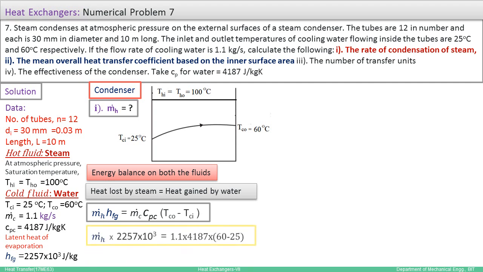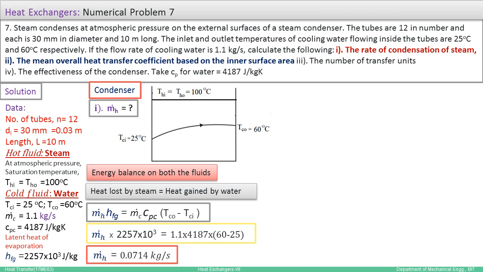In this case we don't know the value of m dot h, that is the rate of condensation of steam. So substituting those values, we get m dot h equal to 0.0714 kg per second. It can also be converted into kg per hour by multiplying it by 3600.